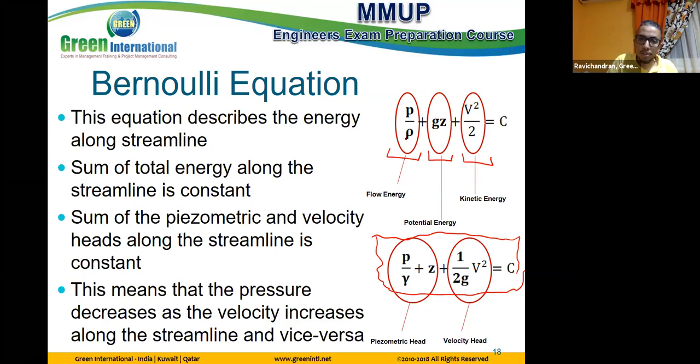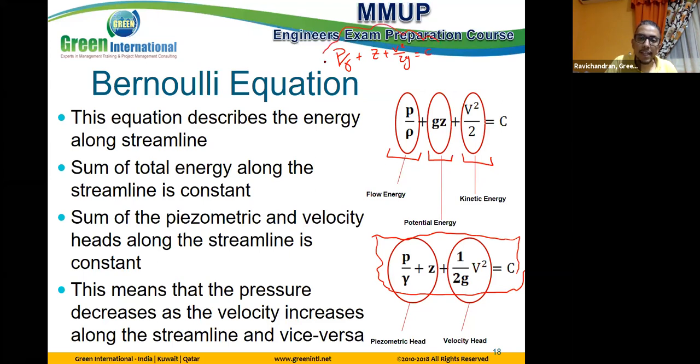P over rho g, which is P over gamma, refers to the unit of head. Dividing Z by g cancels g and leaves Z. V square over 2 divided by g gives V square over 2g. So the final equation is P over gamma plus Z plus V square over 2g equals constant.